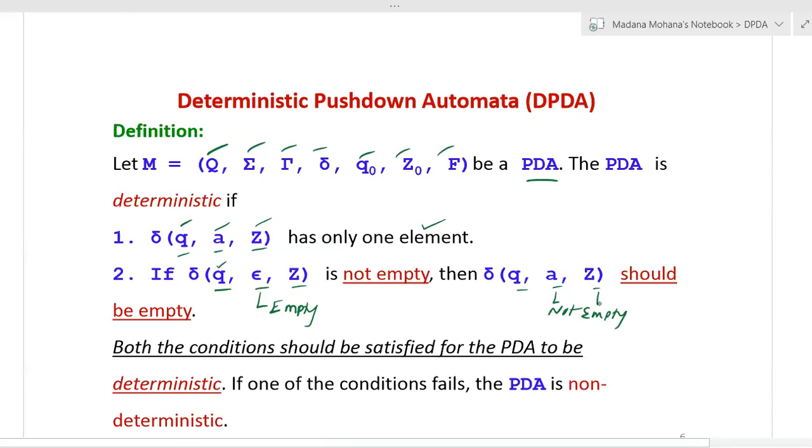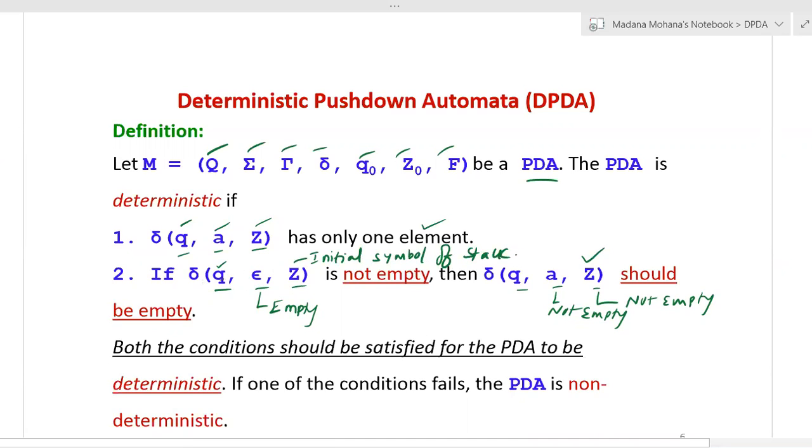Now you can see the stack is also not empty here. Why? Because here it has the initial symbol. If null is there, then we say the stack is also null. Here also the stack contains the initial symbol, that is Z or Z naught.